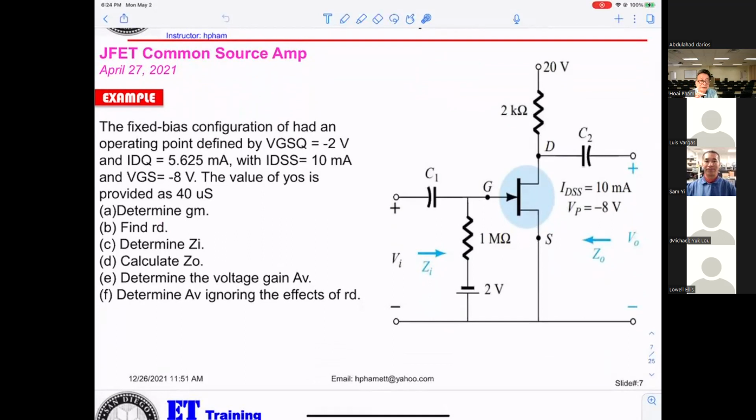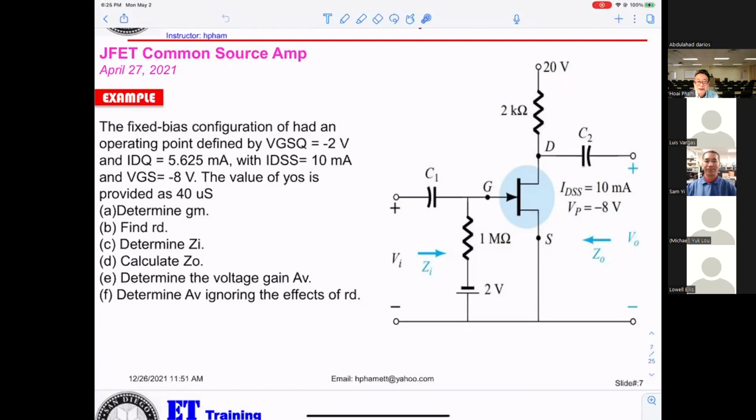They said the fixed bias configuration had an operating point defined by VGSQ equals minus 2 volt and IDQ equals 5.625 milliamp. Now, why do they give you the IDQ or VGSQ?